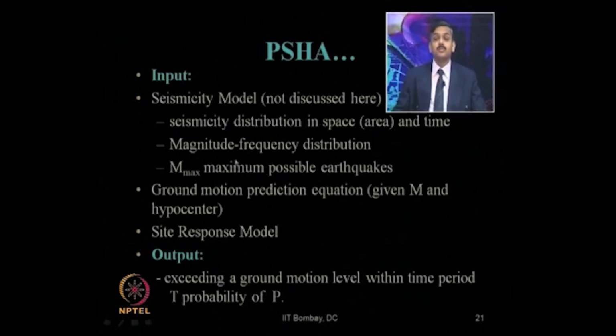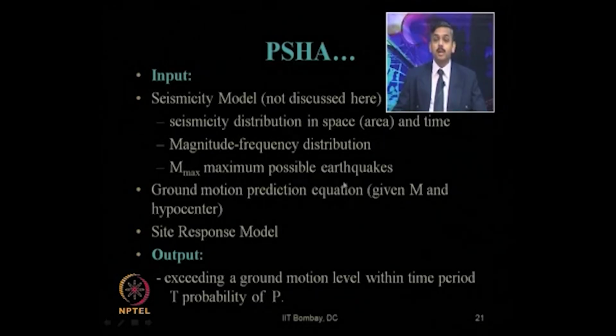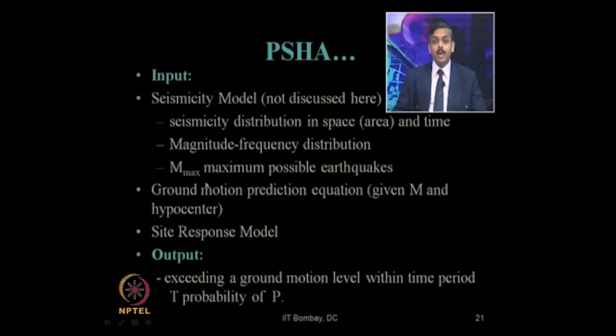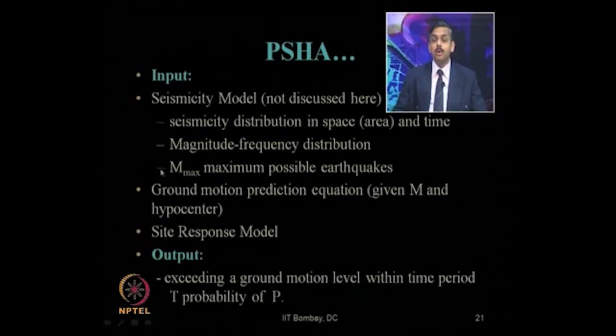How those values are distributed needs to be identified. Among them, we have to find out Mmax, that is the maximum possible earthquake for that fault or source. Remember, when we compute this maximum possible earthquake based on the seismicity model, you know the chances of recurrence of a particular earthquake magnitude in the design life of the structure.